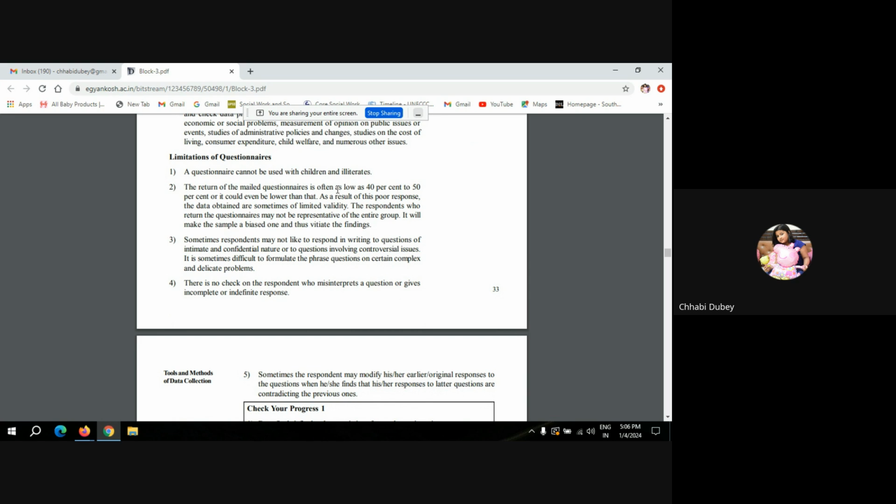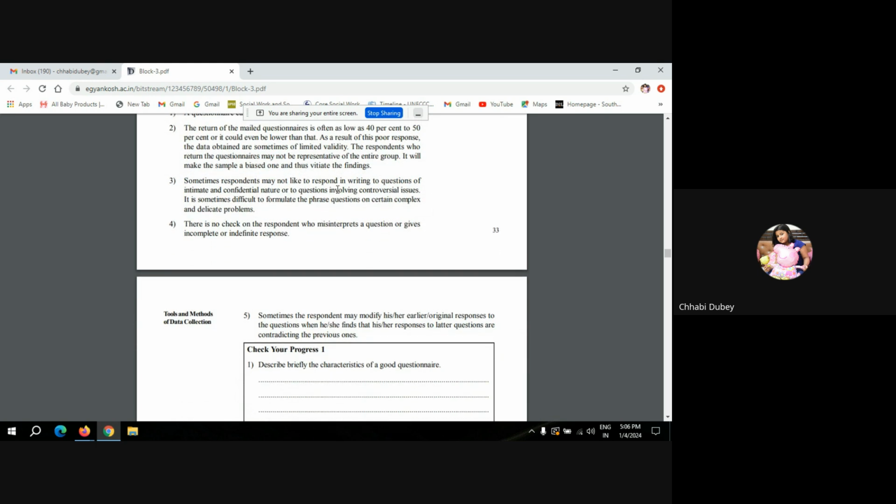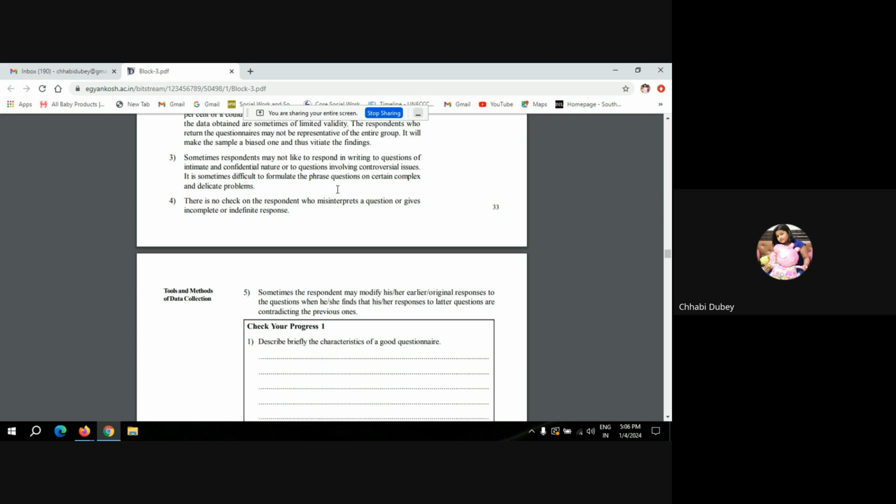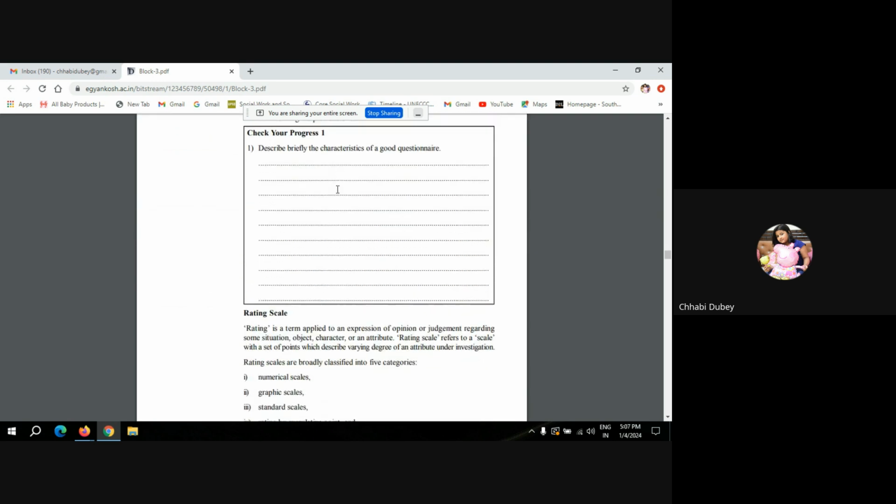Sometimes the respondents may not like to respond in writing to questions. And there is also a likelihood that the questions are misinterpreted by the respondents. Sometimes they may modify their earlier original responses when they find them contradicting a previous question. So there are certain limitations in the questionnaire.